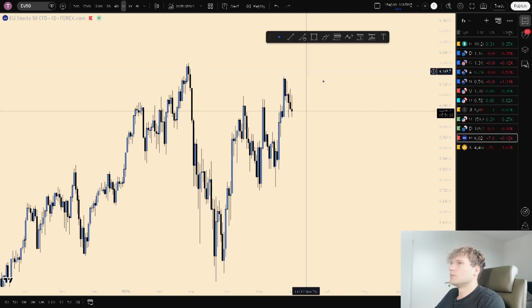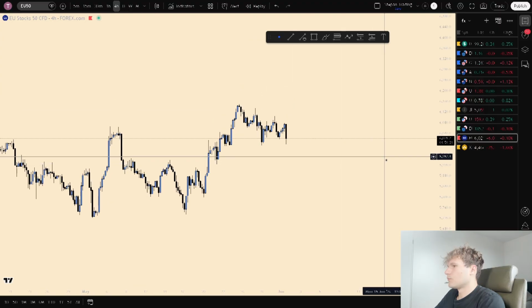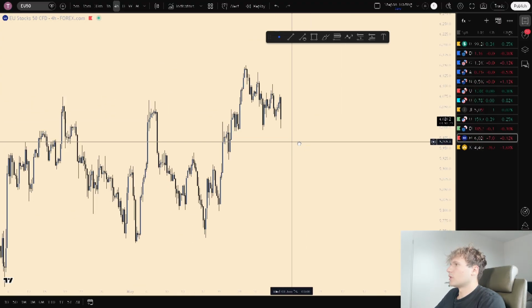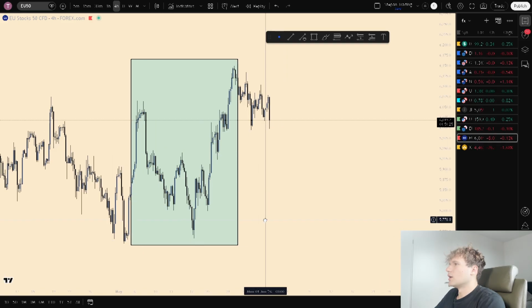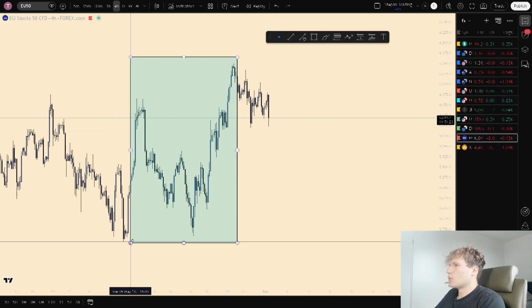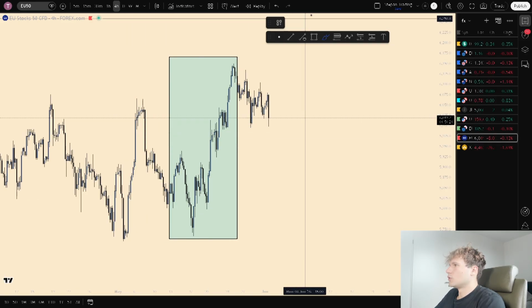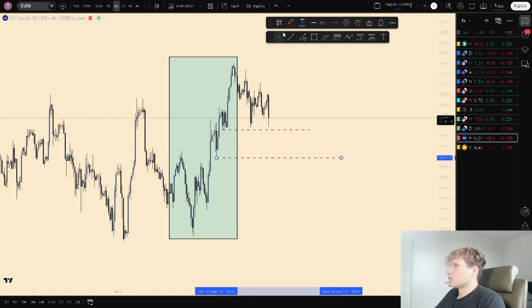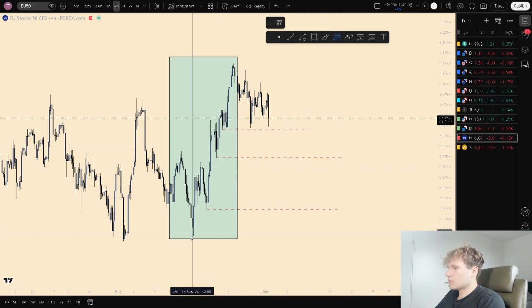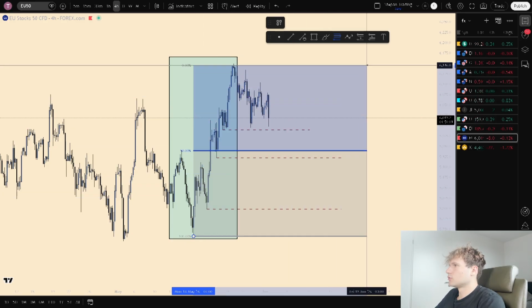Then EU 50. See, I am looking also for more buys here. So this is my impulse right here, and I want to liquidate some more lows and then see the change of character up and then trade it. So I'm monitoring these 3 lows and I would be happy to buy after those.